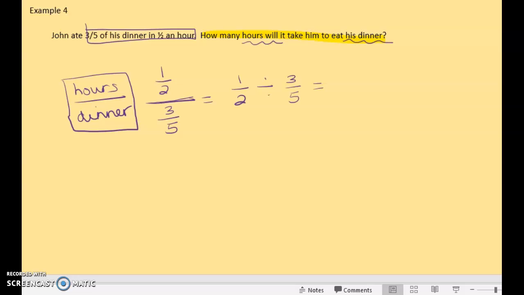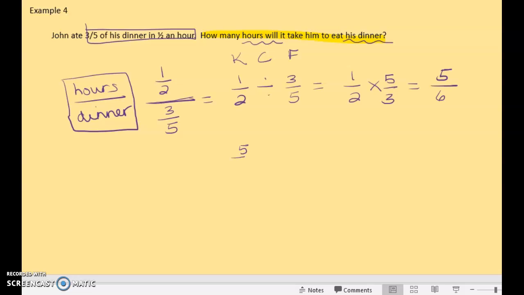Think about it. Right, keep, change, flip. So we keep the first fraction, we change the sign to multiplication, and we flip this to 5/3. And when we multiply across, we get 1 times 5 is 5, 2 times 3 is 6, so 5/6.